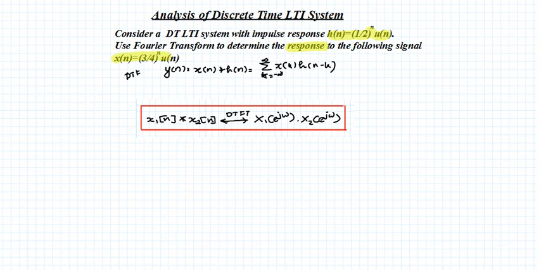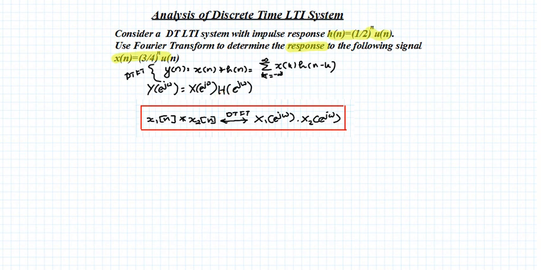I can write Y of e raised to j omega is equal to X of e raised to j omega into H of e raised to j omega.